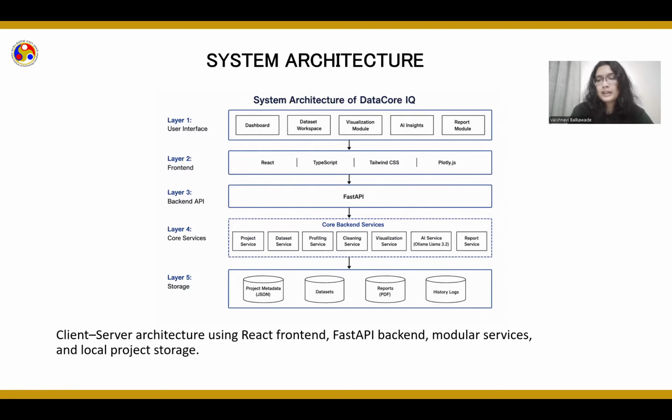Then this front end interacts through FastAPI. It uses FastAPI to interact with the core backend services, which include project service, dataset service, profiling services, etc. These backend services also interact with the main datasets and the reports, the logs that are generated, and the project metadata that is saved.